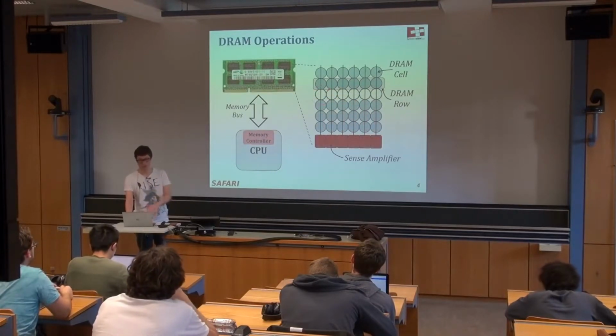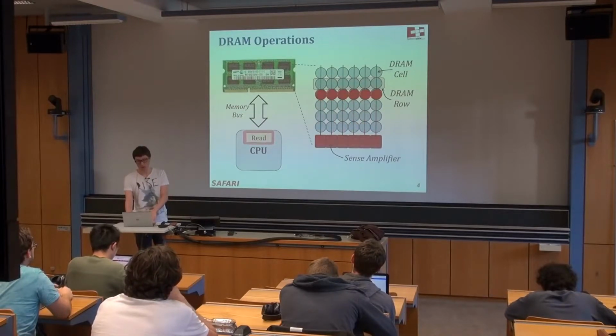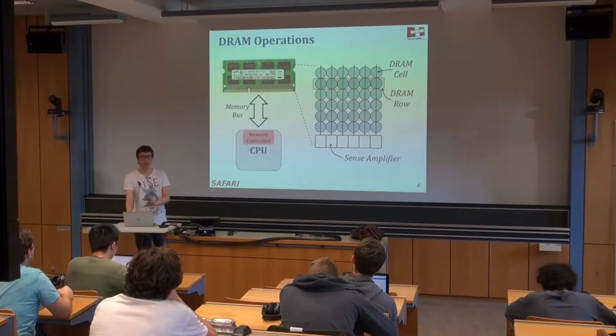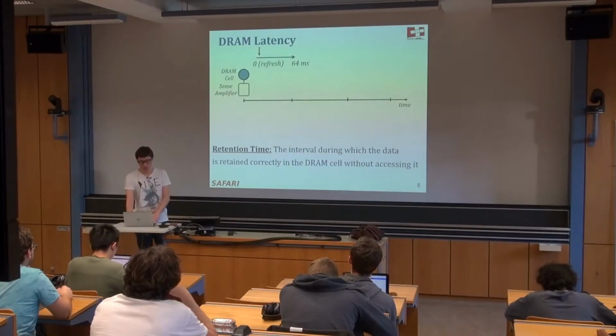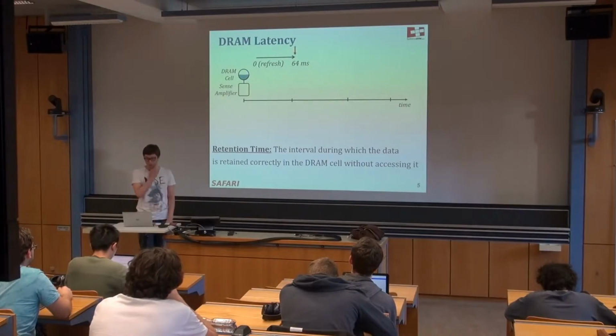We activate the row, charge flows to the sense amplifiers, and then the sense amplifiers store the charge back, right? After this point, the memory controller can issue a read operation, and then the data is transferred, and then we precharge in order to be able to access another row from the same bank. Those are the three main operations that DRAM performs.